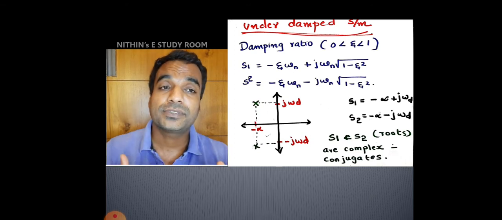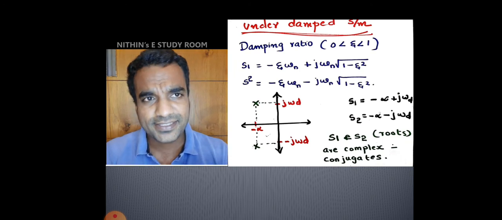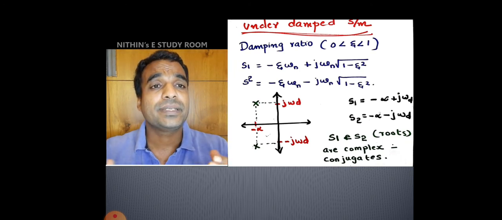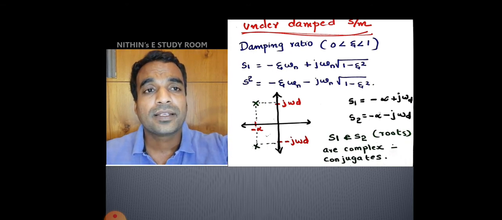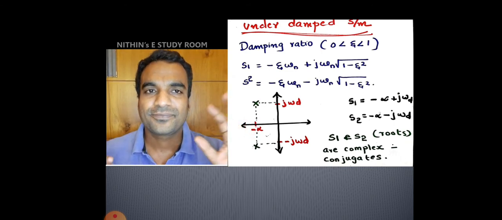If eta reduces, the magnitude of alpha also reduces. If eta increases, the magnitude of alpha also increases. So eta increases means this alpha will move more towards the left from the imaginary axis.